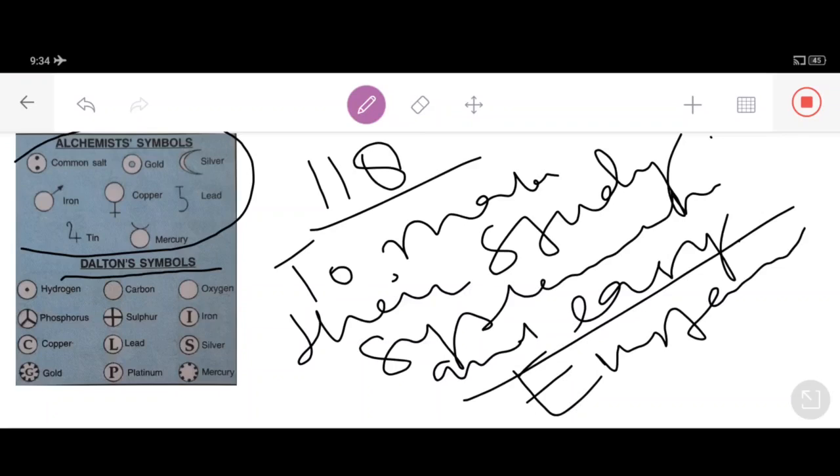But nowadays, as far as modern chemistry is concerned, the International Union of Pure and Applied Chemistry, known as IUPAC, approves names of elements.